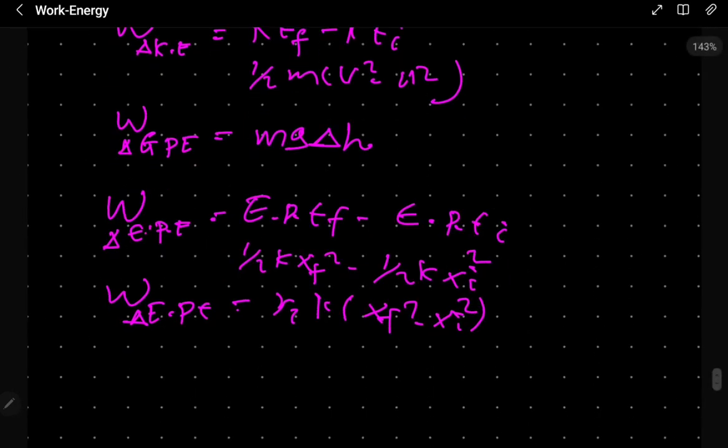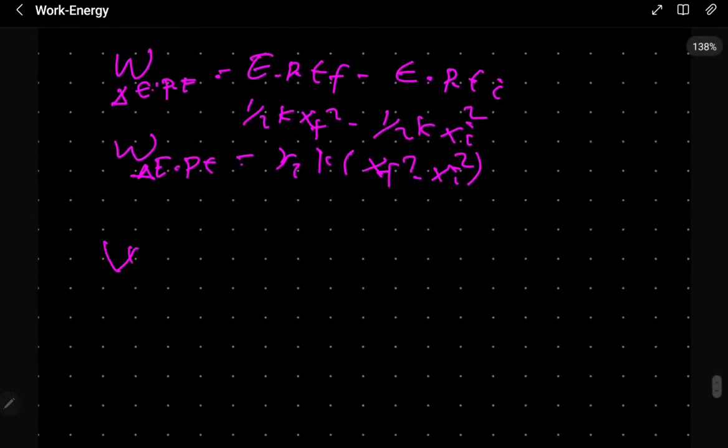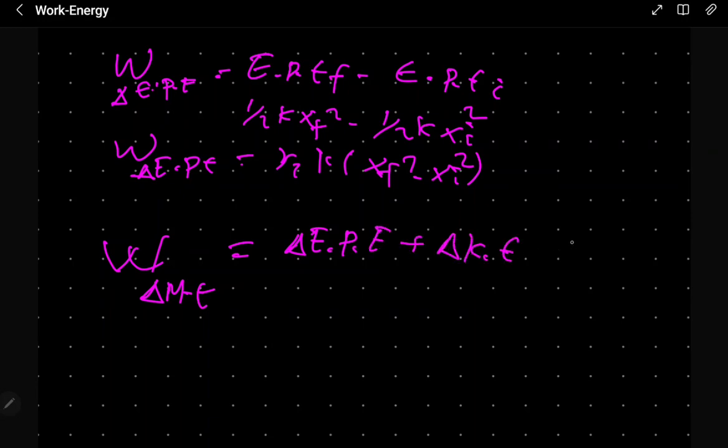Now, the work done to change the mechanical energy of a mass is equal to the change in elastic potential energy, plus the change in kinetic energy, if any, plus the change in gravitational potential energy, if any.